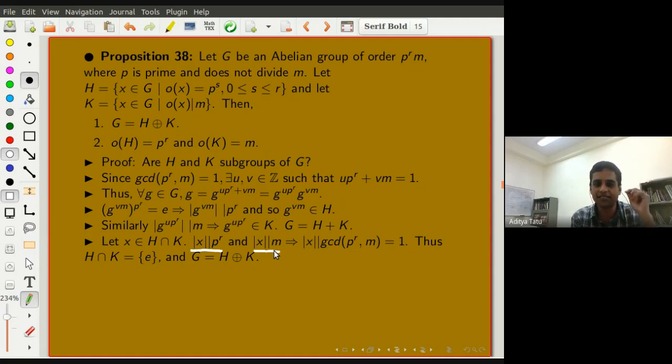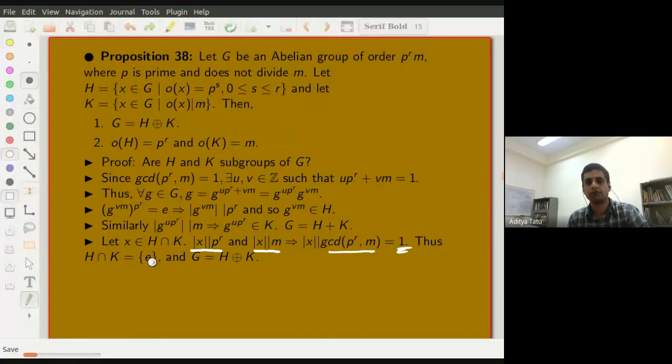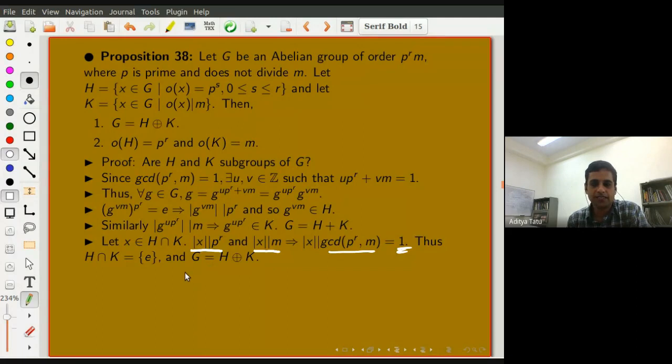Any number that divides these two numbers will also divide the greatest common divisor. That's the definition of GCD. Therefore the order of x must also divide the GCD, which is just 1. So x has to be only the identity. Does that make sense? Yes, sir. Then we have shown that G is a direct sum of H and K.